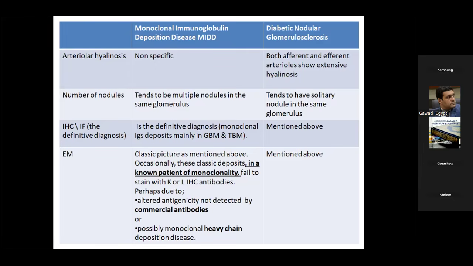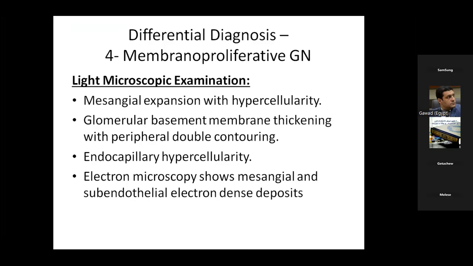And in these cases, EM is important in diagnosis. Okay, I hope these points were clear. I tried to clarify them as much as I can, because these cases sometimes are challenging and difficult and very important to diagnose.